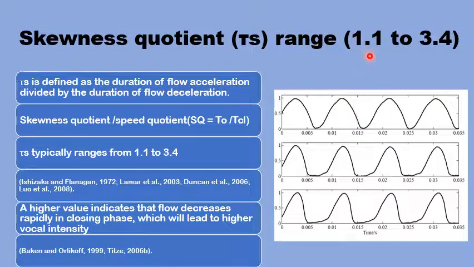So the physiological range would be these 1.1 to 3.4. A higher value than this would indicate that the flow decreases very rapidly in the closing phase, which will lead to a higher vocal intensity. This is usually related to hyperfunctional dysphonia.